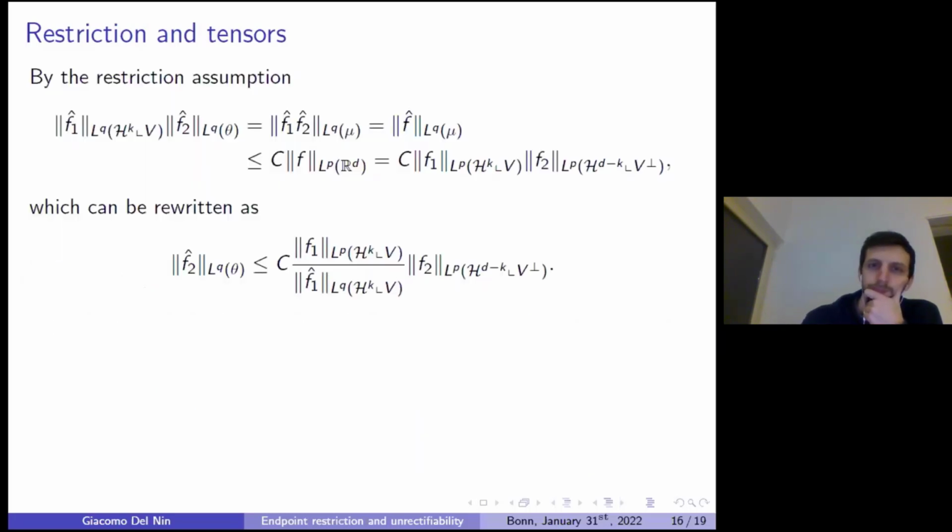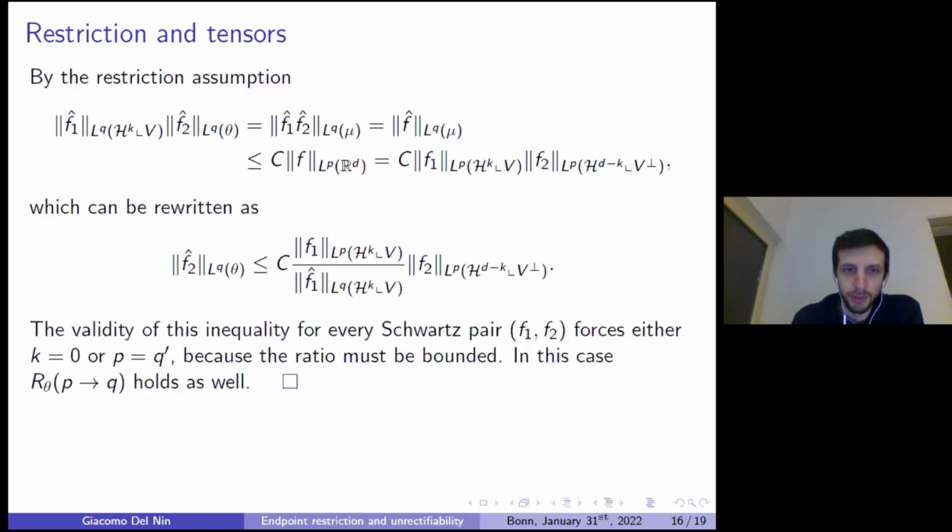And so we obtain in this way that if we assume that the restriction holds for a tensor measure, which is the product of a flat measure and some other measure, then it will hold for both factors. And in particular, since this holds, we obtain this inequality here.